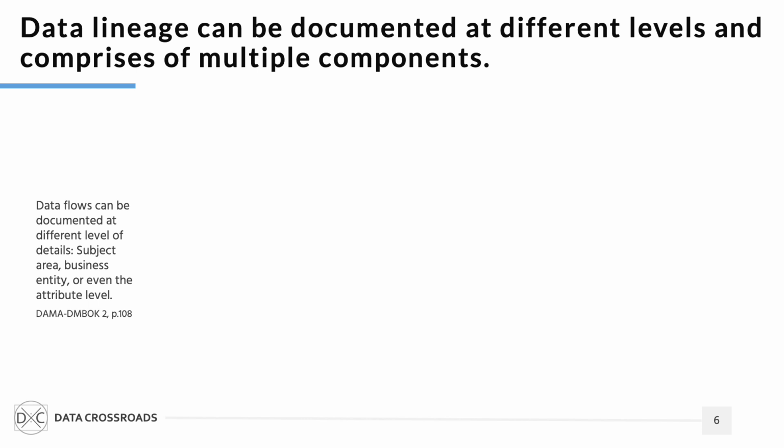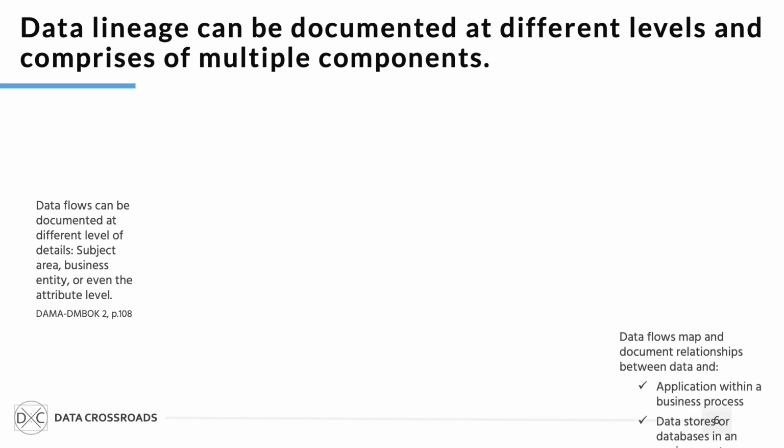We can translate this statement as the following. Subject area is the level of the conceptual model. Business entities and attributes can relate to the logical level of the data model. Business entities and attributes at the physical level will be transformed into tables and columns correspondingly.